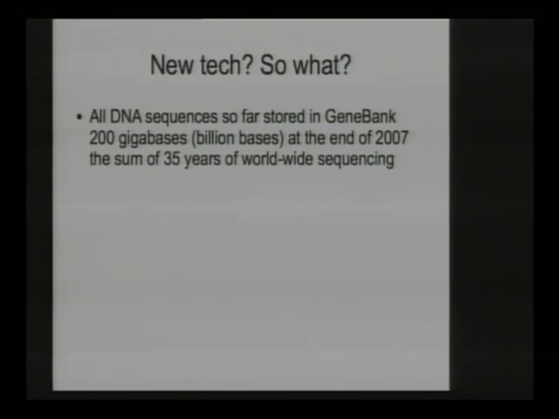So there's human, there's mouse, there's some fish, there's bacteria, there's yeast, there's everything. They were all sequenced with the old technology. And this amounts to 200 gigabases or billion bases in this database. This is the entire sum of human knowledge about sequences in organisms.